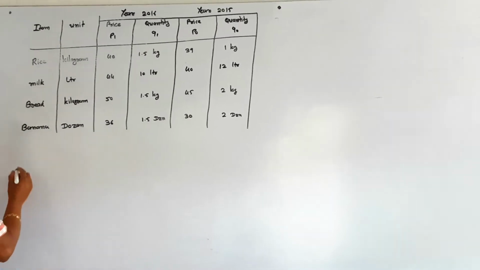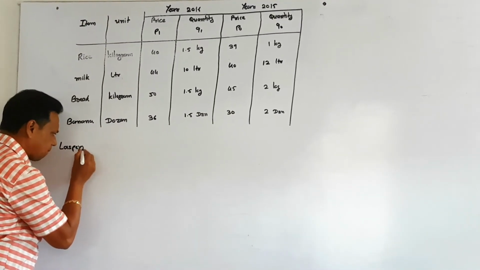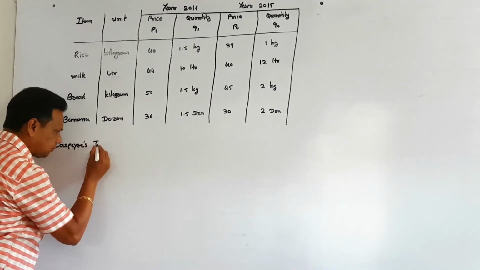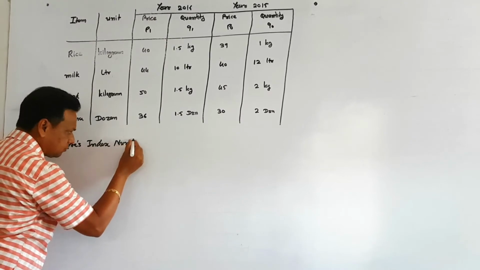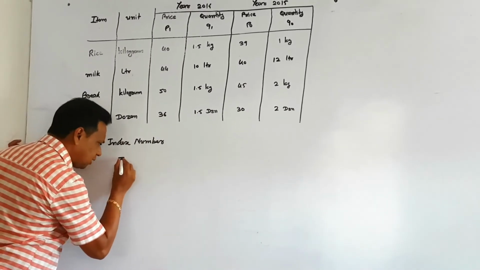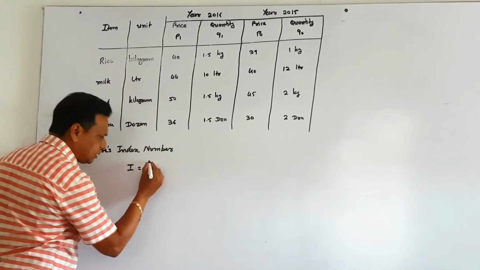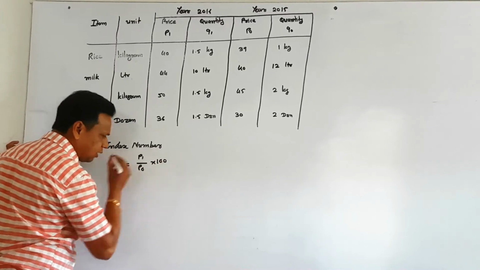So first of all we have to calculate the Laspeyres index number. Remember the first formula, I equals P1 by P0 into 100.